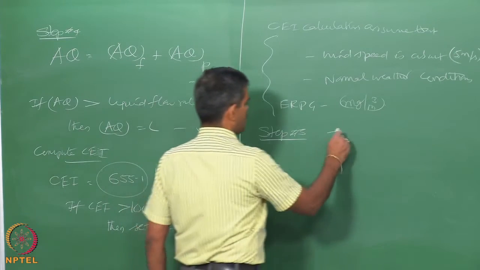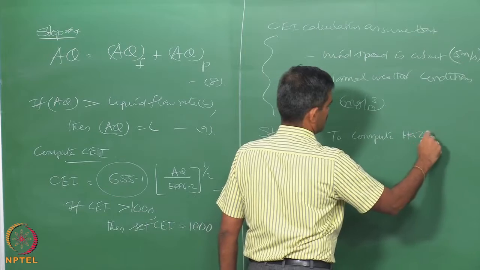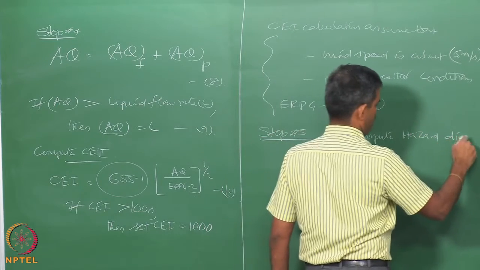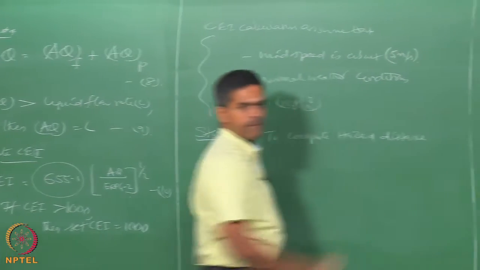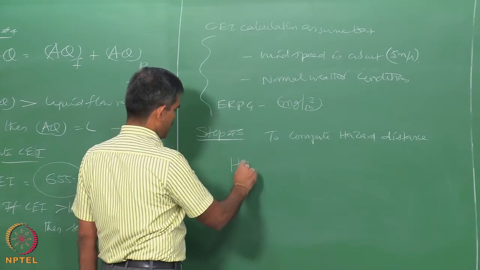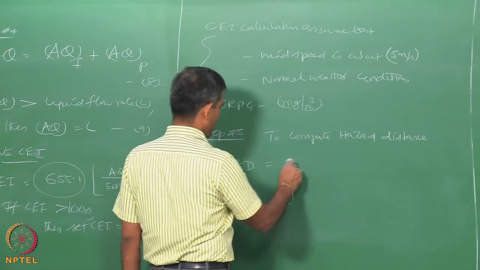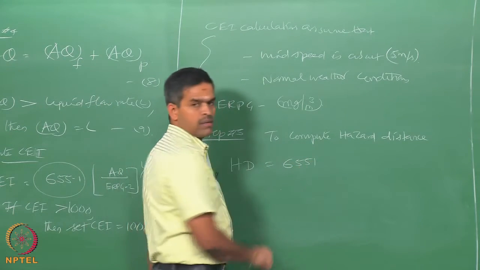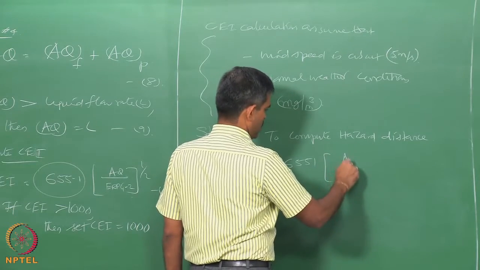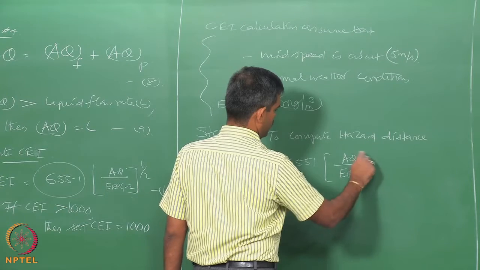So, to compute hazard distance, the hazard distance Hd for a specific concentration can be given by 6551 AQ by the specific ERPG value.